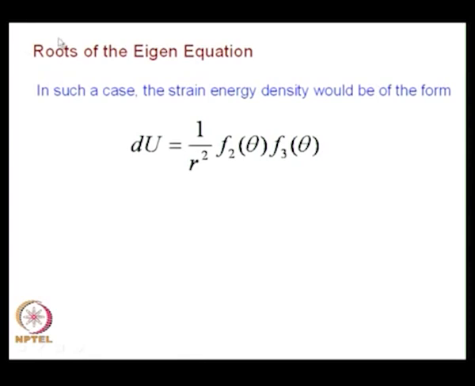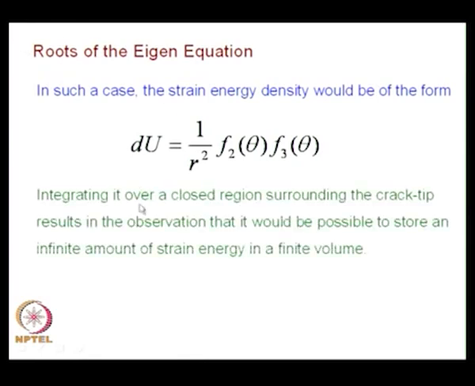So, what is the implication? Suppose I take a closed contour, if I integrate it over a closed region surrounding the crack tip, this results in the observation that it would be possible to store an infinite amount of energy in a finite volume, which is not possible.